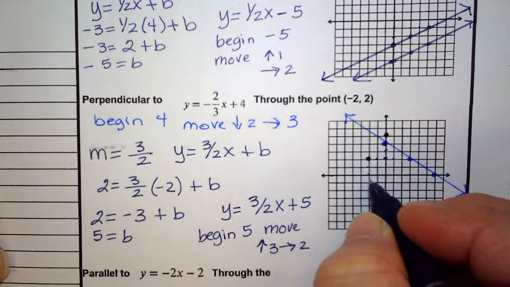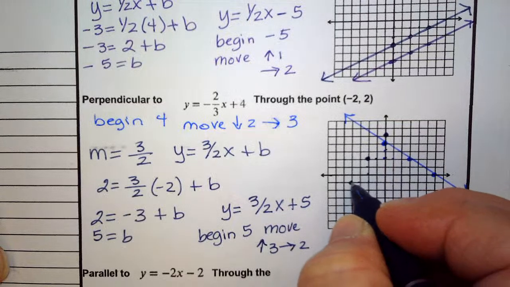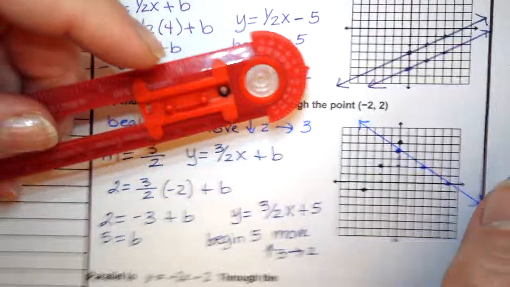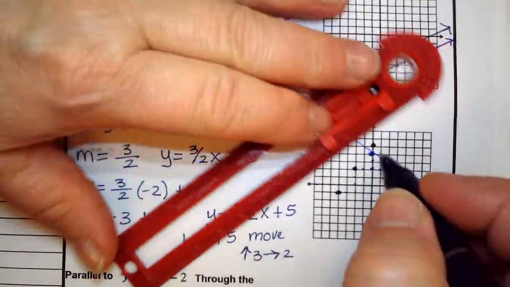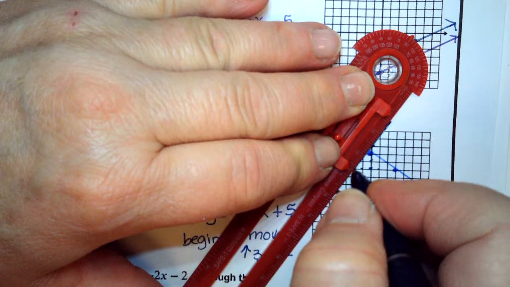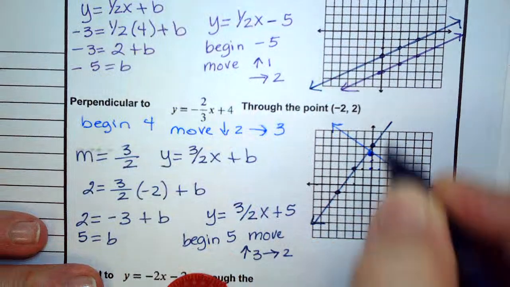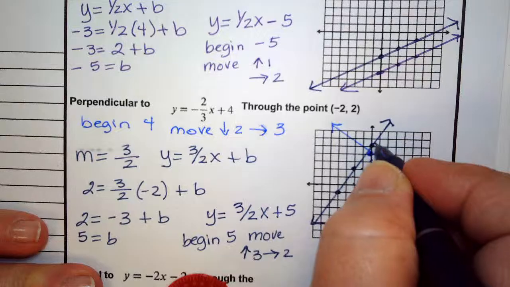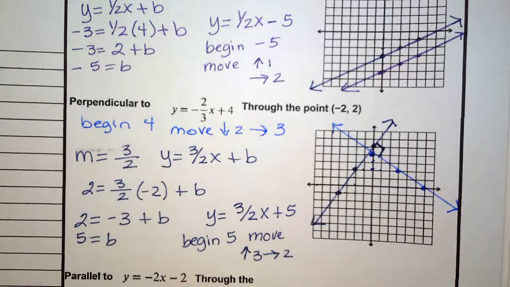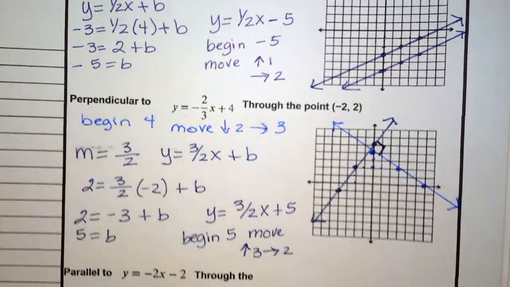Down 1, 2, 3, right 1, 2. I just do a little bit better if I've got more points than just 1, 2. And I have that right angle going on here. I tell my reader that they are perpendicular, and I'm done.